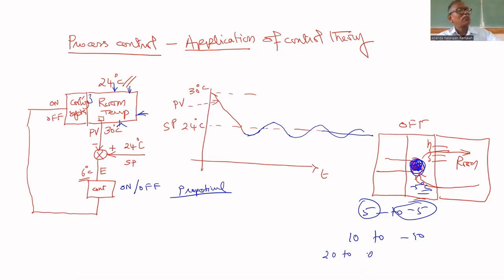Let us assume its temperature can be varied from 20 to 0. So I will make this element equal to 0 if the error is more. Large error means, suppose initially it is 30 degrees centigrade and I have to bring it to 24. Large error, 6 degrees centigrade. That's why I'll make it 0.